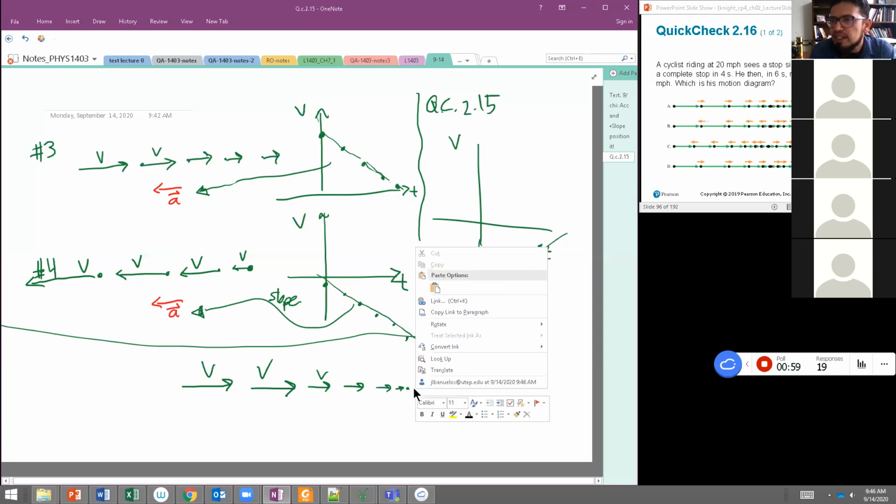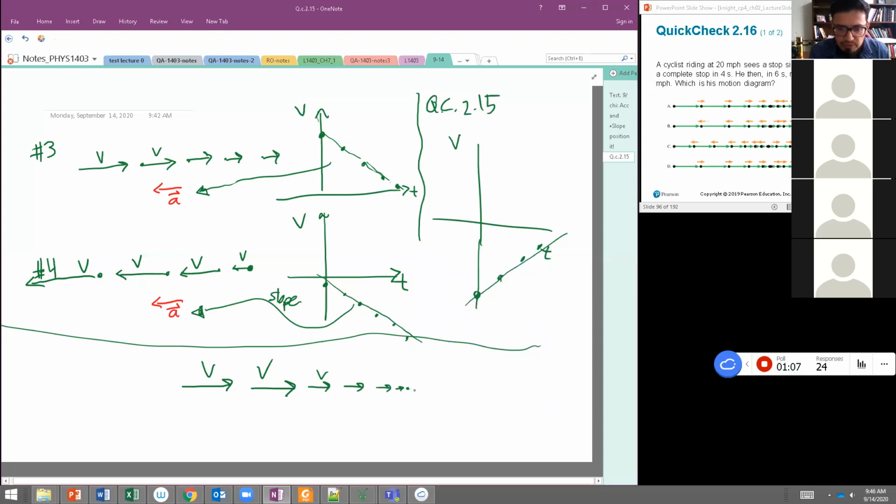And then finally, it says that in 6 seconds, it returns to a speed of 15 miles an hour. So we're going to start speeding back up, but we may not reach the original size. So in this problem, this very first velocity may have been 20 miles per hour. The final velocity is going to be something like 15 miles an hour.